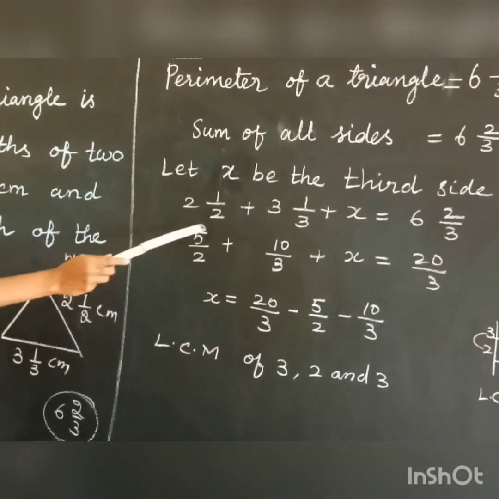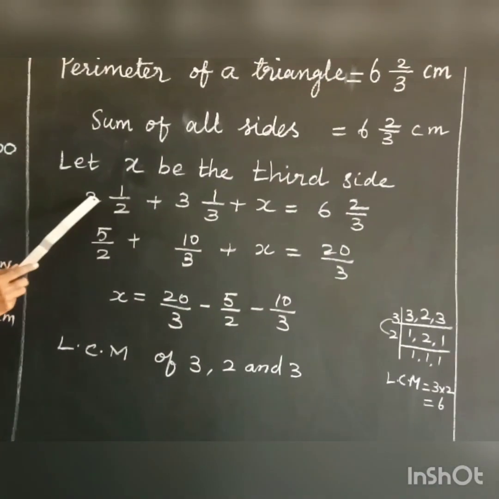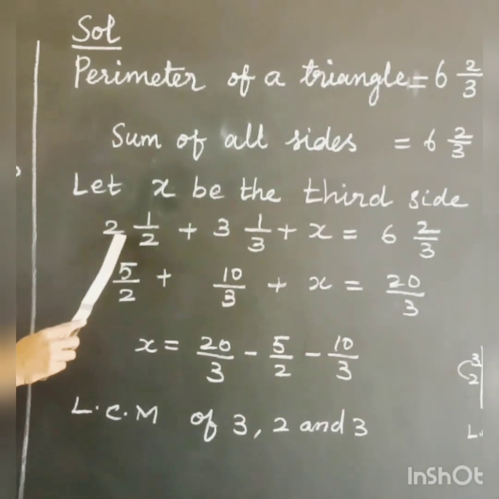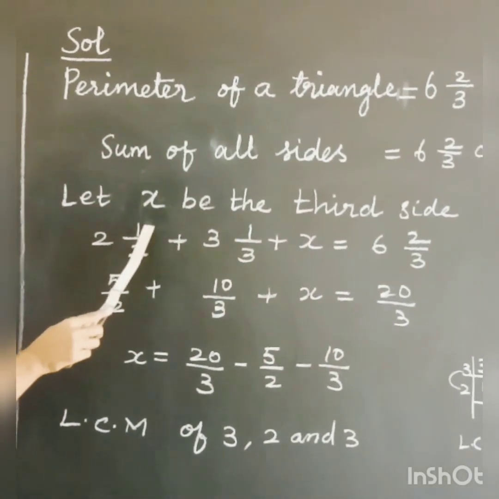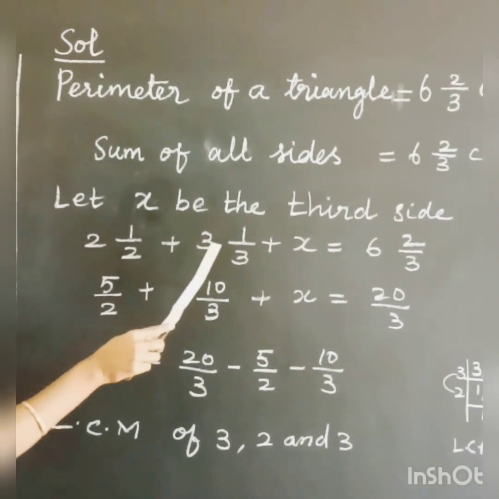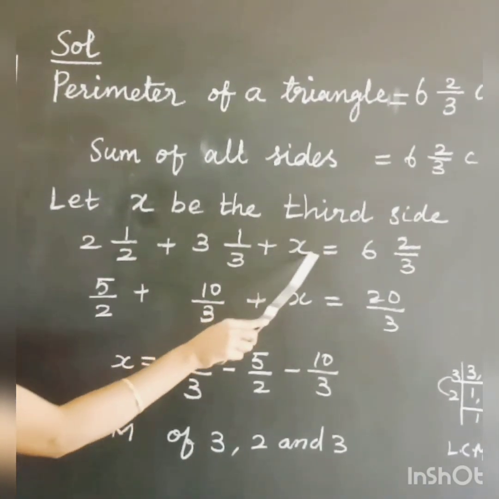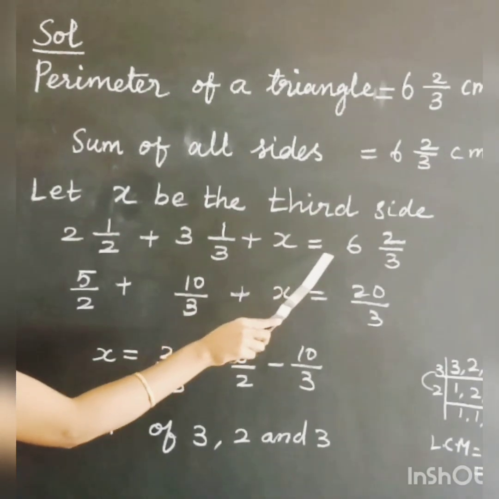And we have to add these 3 sides. So the first side is 2 1/2 plus the second side is 3 1/3 plus the third side we have taken as x, which is equal to, what is the perimeter?